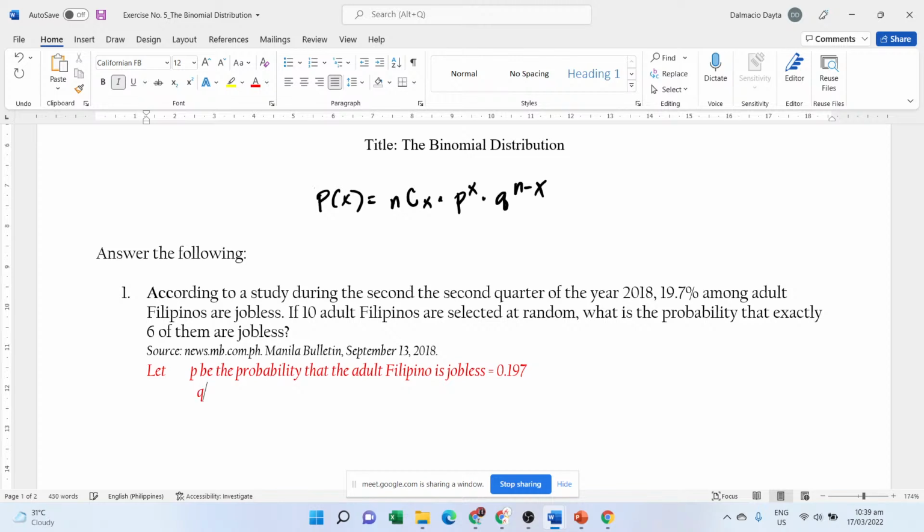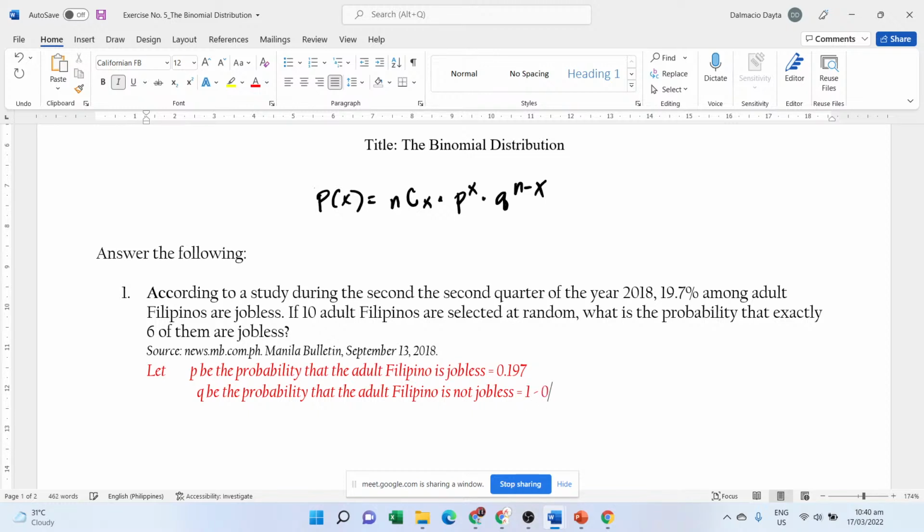And then, what will be the value for Q, or what is Q? Q will be the probability that the adult Filipino, yung kabaliktaran naman, no? That the adult Filipino is not jobless. And this will be given by 100% minus 19.7%.